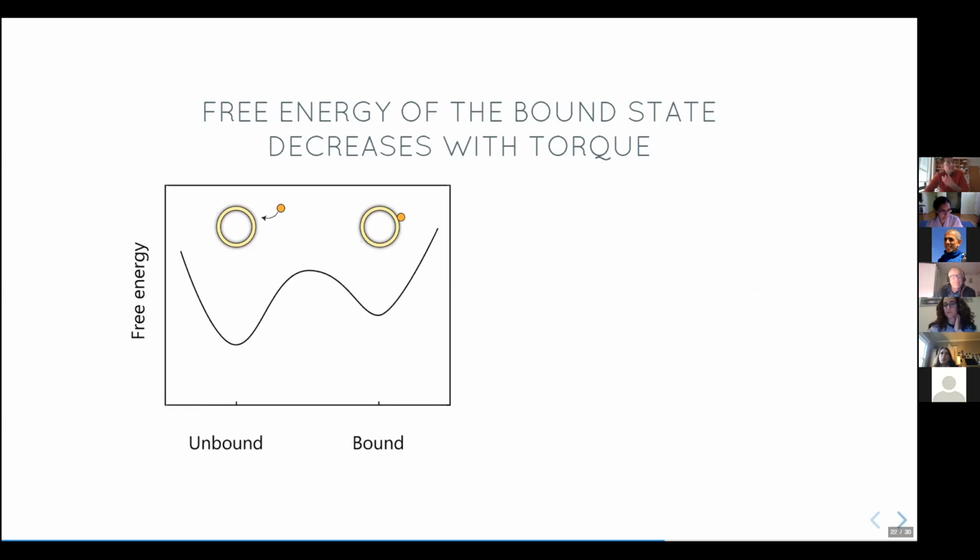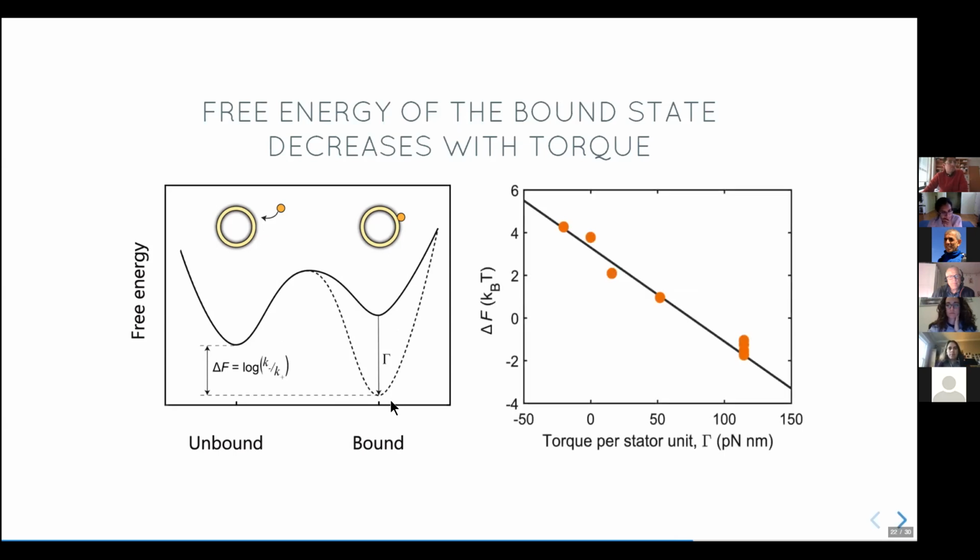And what we think may be happening is that the production of torque is reducing the free energy of the bound state, making it more and more favorable. In fact, we can calculate from the rates that we have measured the free energy difference between the bound and the unbound states, which is shown here on the right.